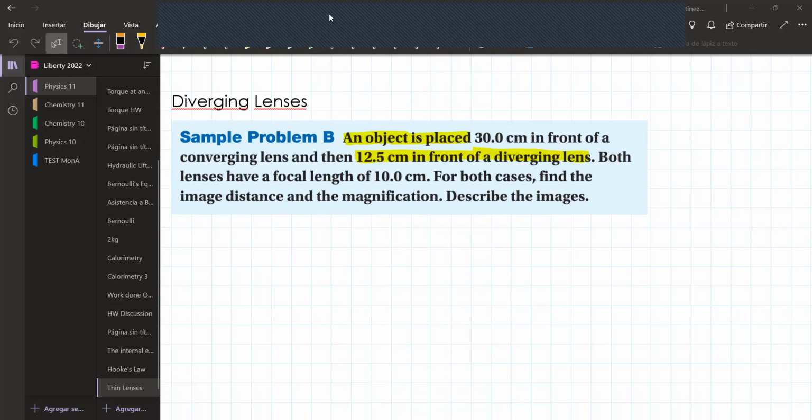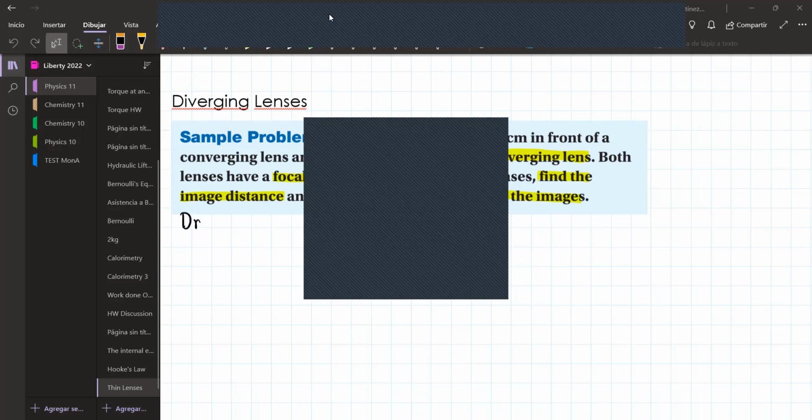Both lenses have a focal length of 10 centimeters. So the same idea, okay? This lens has a focal length of 10 centimeters. We need to find the image distance and magnification. We need to describe the images, and we need to also draw the ray diagram.